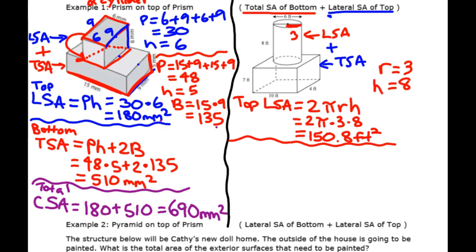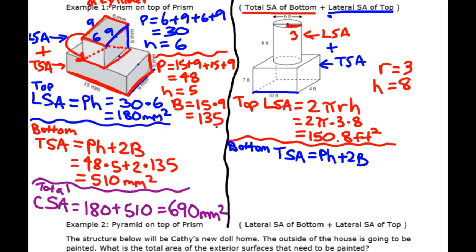Okay, now we're going to do the bottom, the total surface area. And just like over here, for total surface area, we're doing PH plus 2 big B. So I need to find the perimeter of the bottom base.